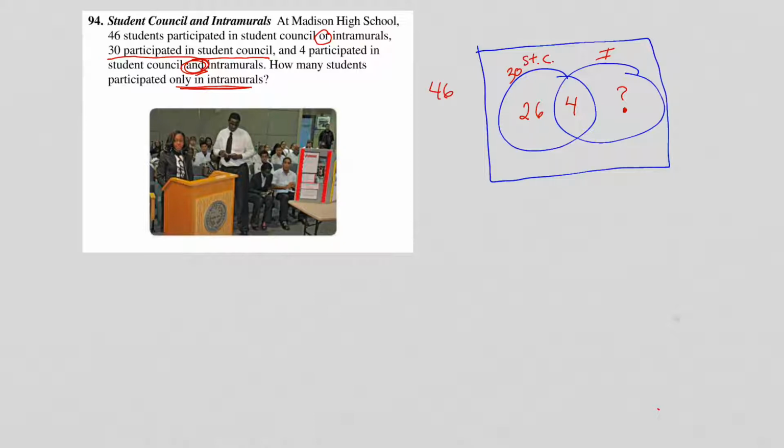In order to get the third region, you just have to subtract 26 and 4, and we're going to get 20. So 20 would go over here.